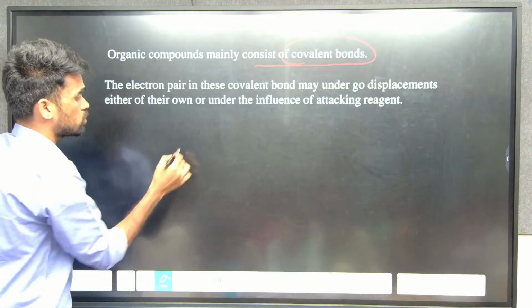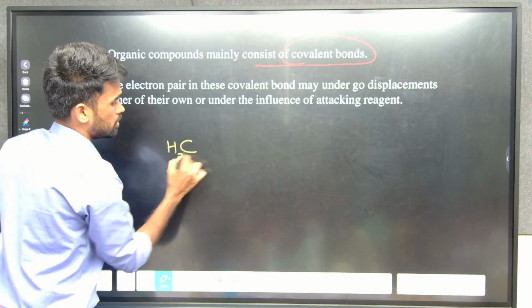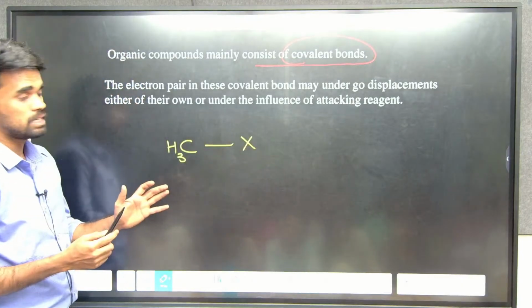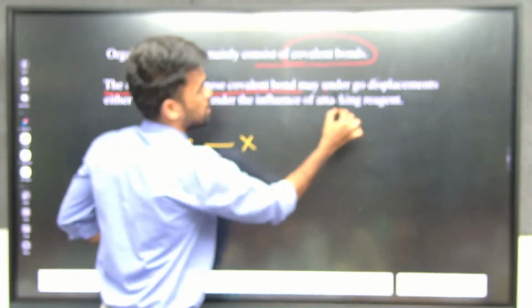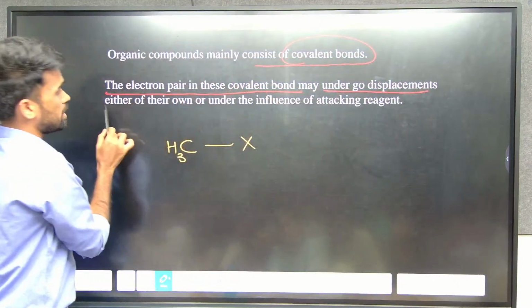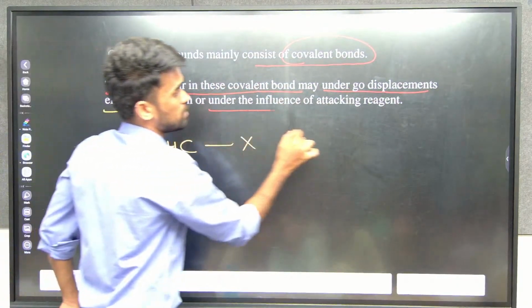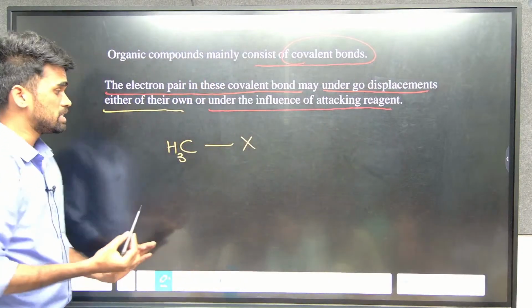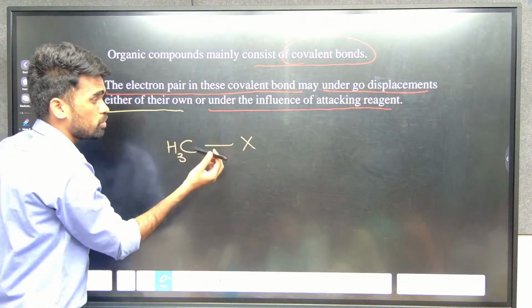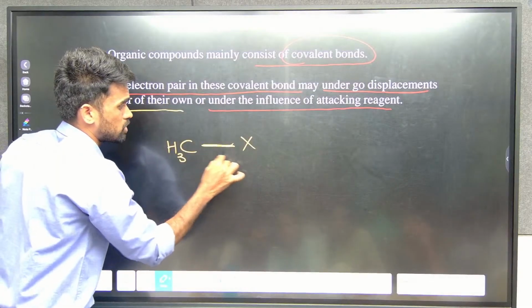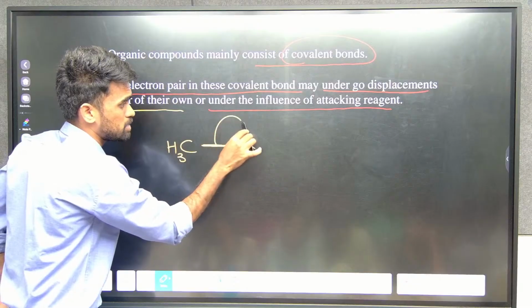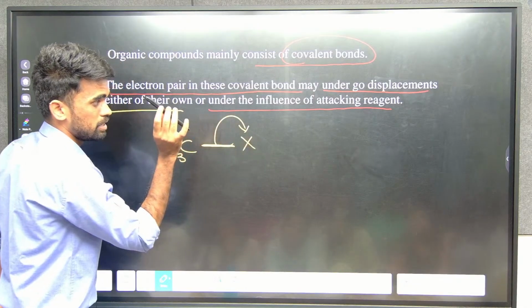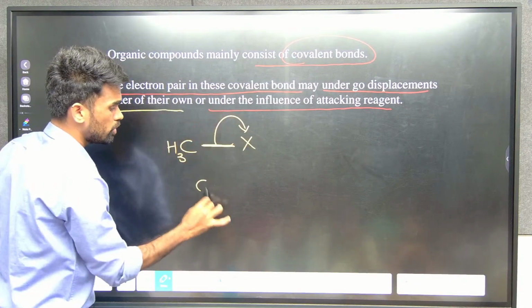Now that covalent bond will get polarized. The electron pair in these covalent bonds may undergo displacement either on their own or under the influence of some attacking reagent. On their own means, if there is a larger electronegativity difference, it will undergo electronic displacement like this.